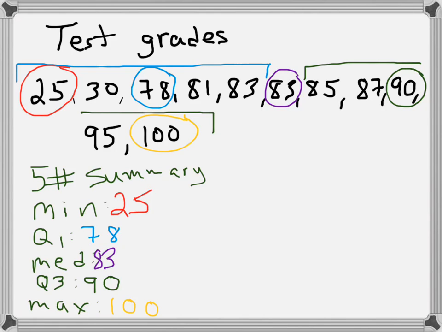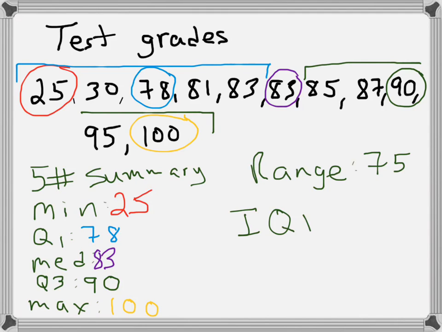So the median represents our center, and we are also going to talk about range, which is going to be 75, and our IQR, which is 90 minus 78.